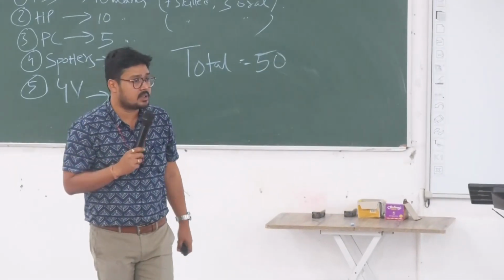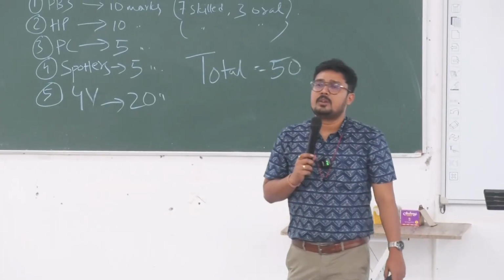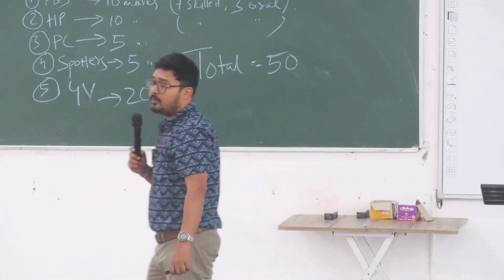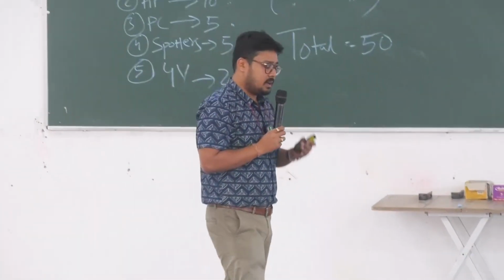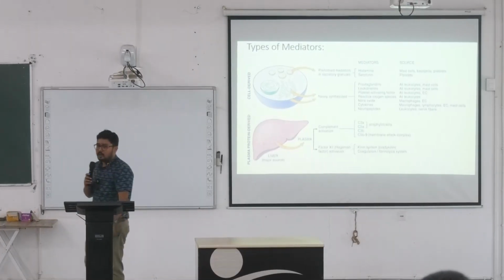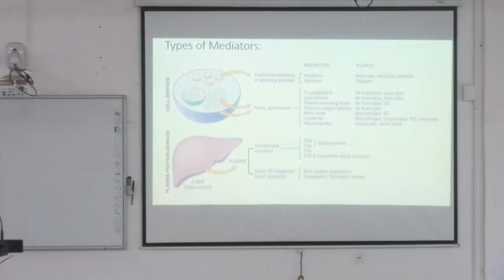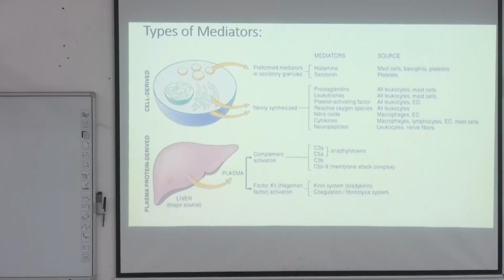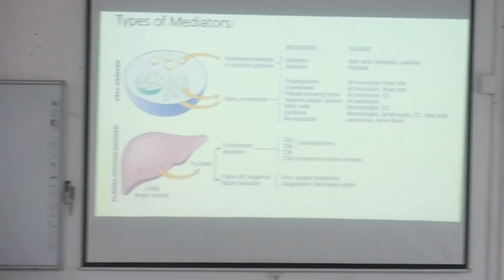Mediators of acute inflammation mostly come as a long question. Among the mediators of acute inflammation, there are two types: one is cell-derived mediator, another is plasma-derived mediator.